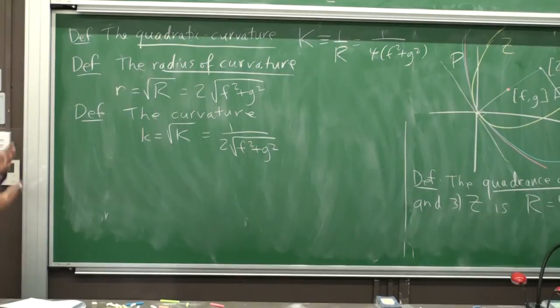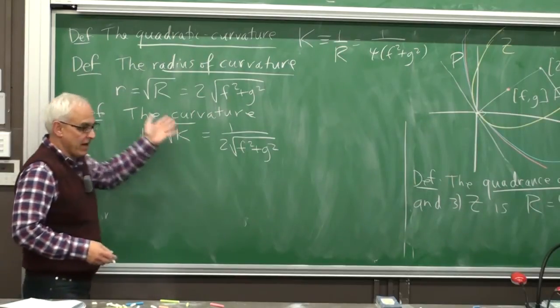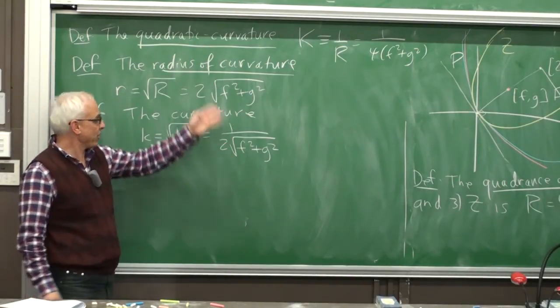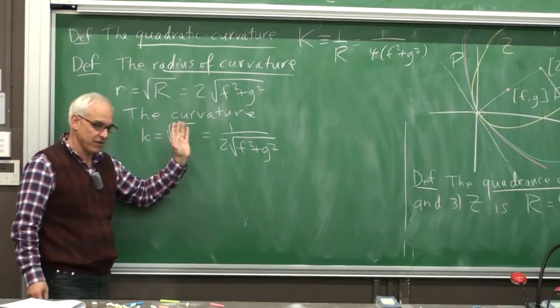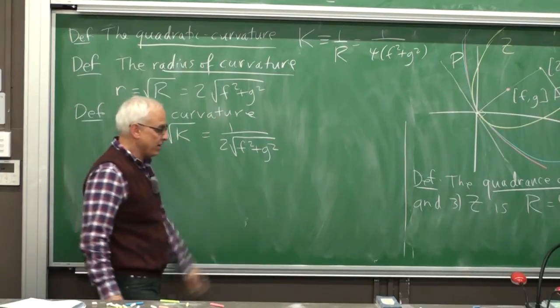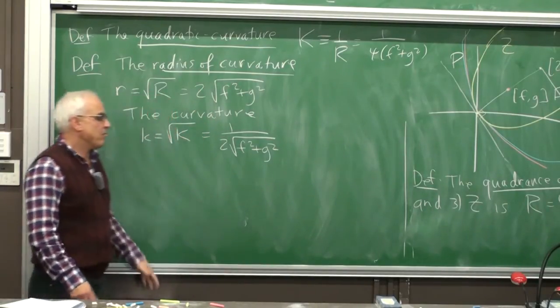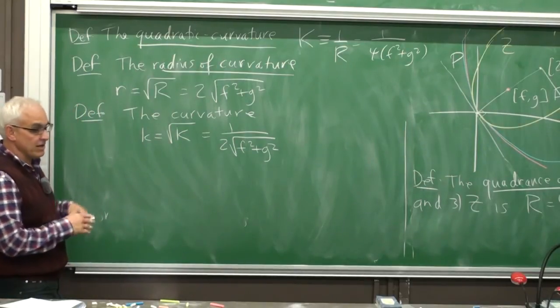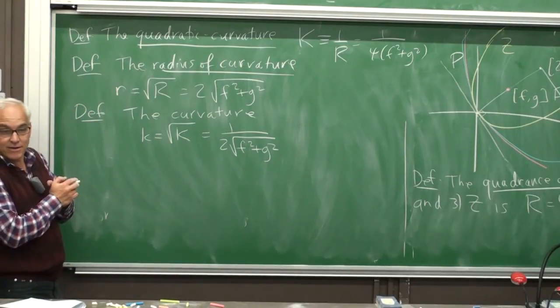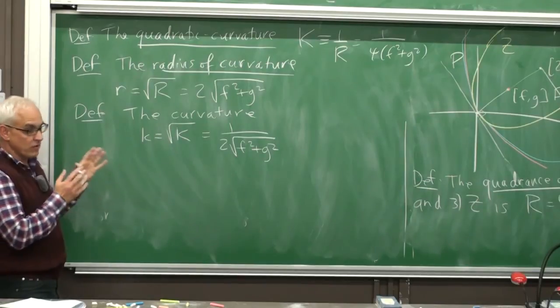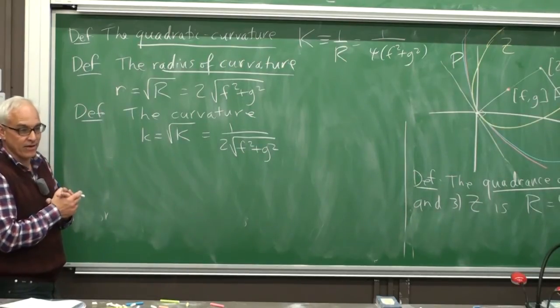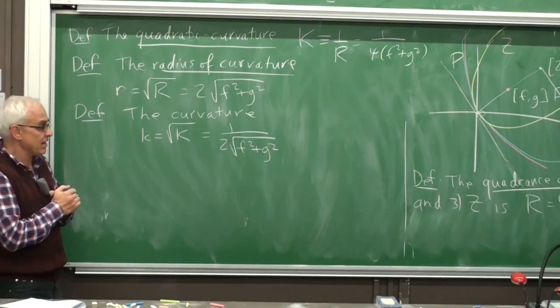All right, so classically, the curvature has played the main role. Historically, the radius of curvature and the curvature are the main objects of interest. But there's a good case to be made that these quadratic analogs are, in many situations, more algebraically pleasant, and you can get at them in a nicer way.